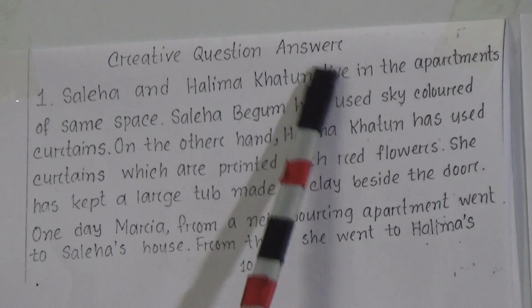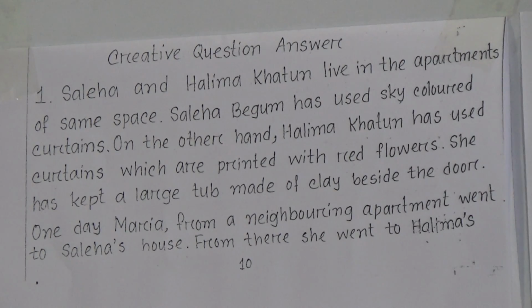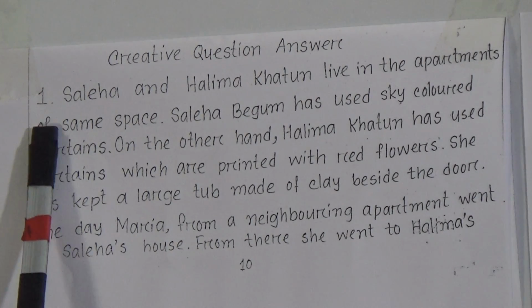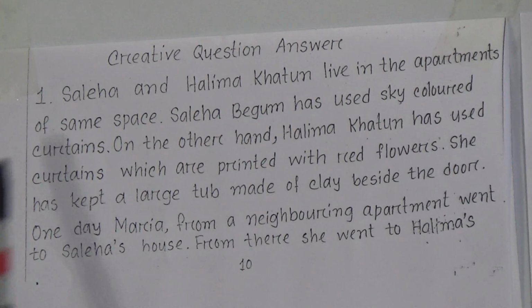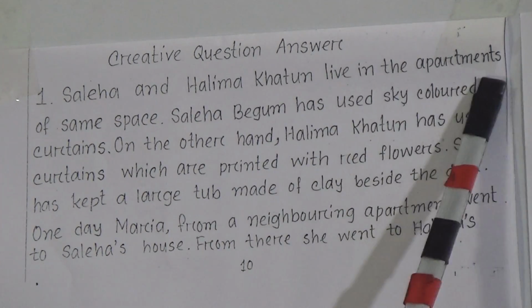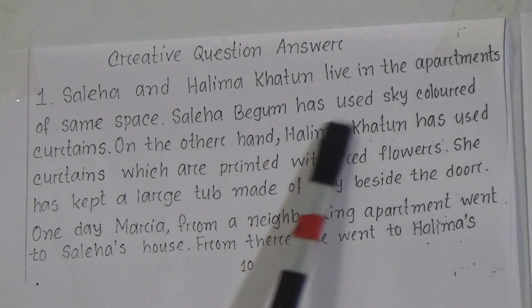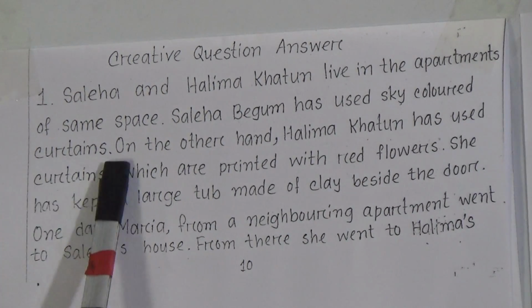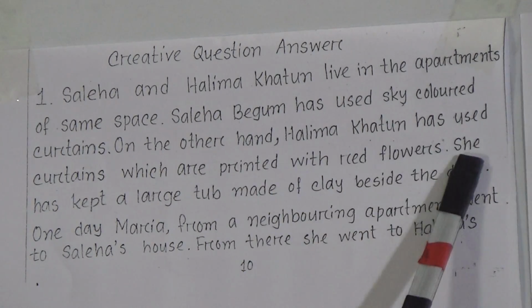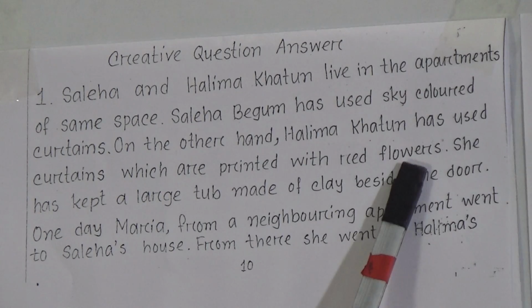This is a creative question, and this is the question of chapter 3. So at first we will read this. Number 1: Saleha and Halima Khatun live in apartments of the same space. Saleha Begum has used sky colored curtains. On the other hand, Halima Khatun has used curtains which are printed with red flowers.